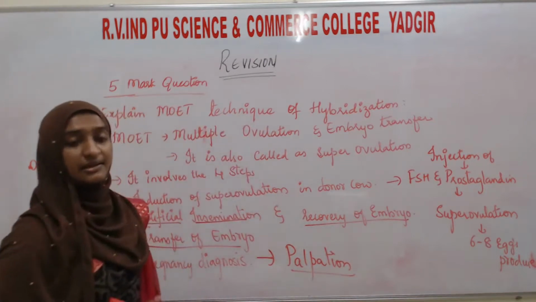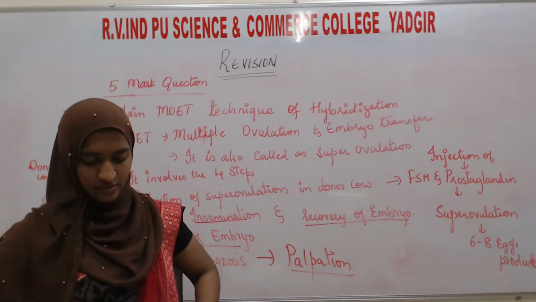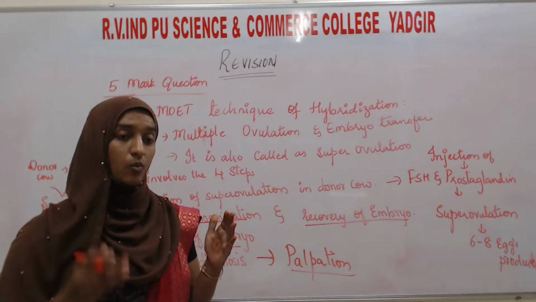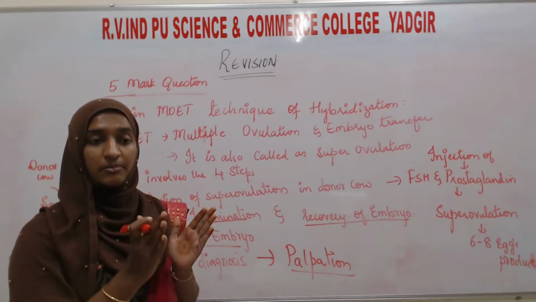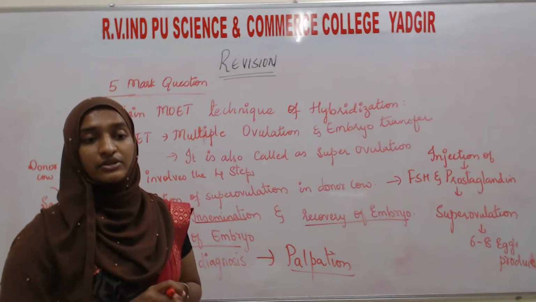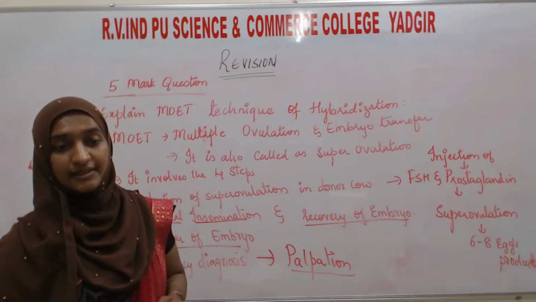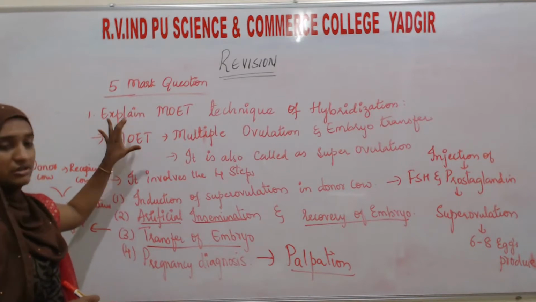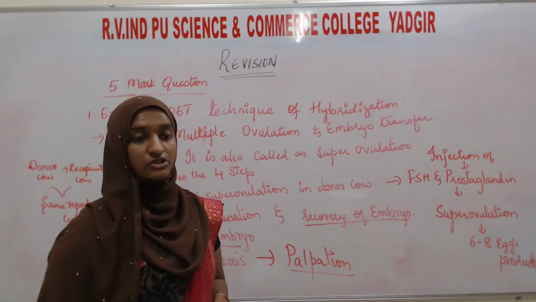Palpation means inserting the hand through the rectal wall, between the 1st to 3rd month after embryo transfer, to diagnose the pregnancy in the cow. So this is about the steps of MOET.